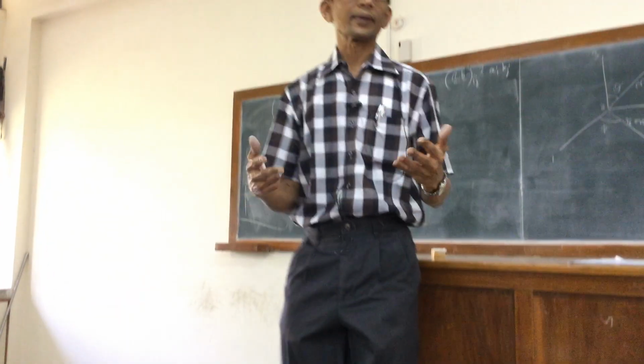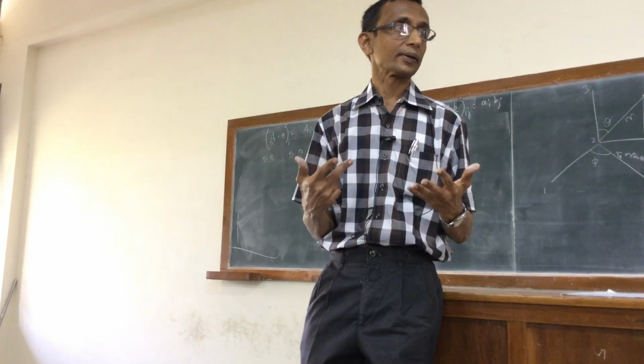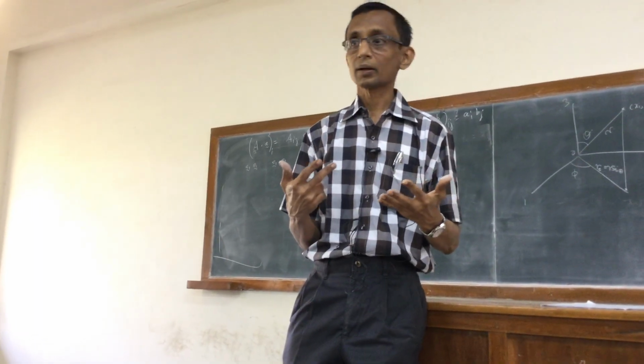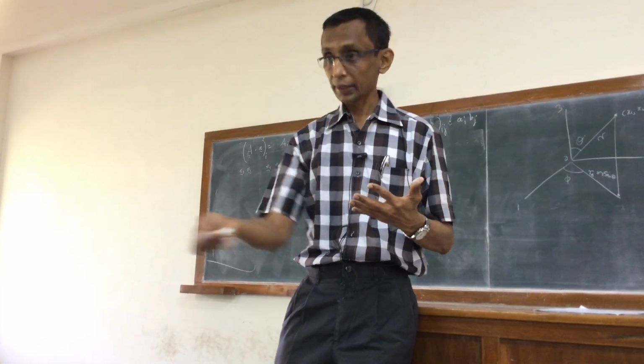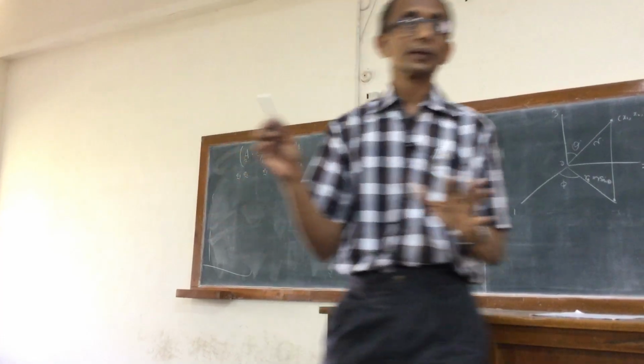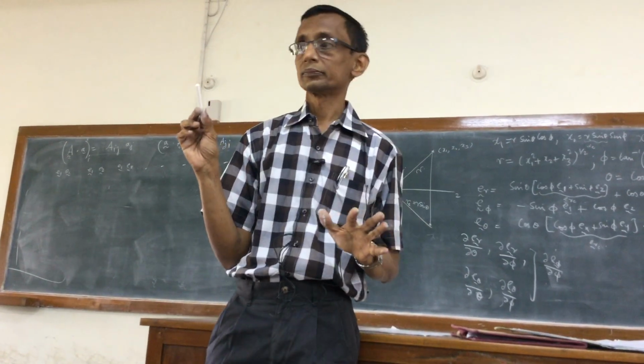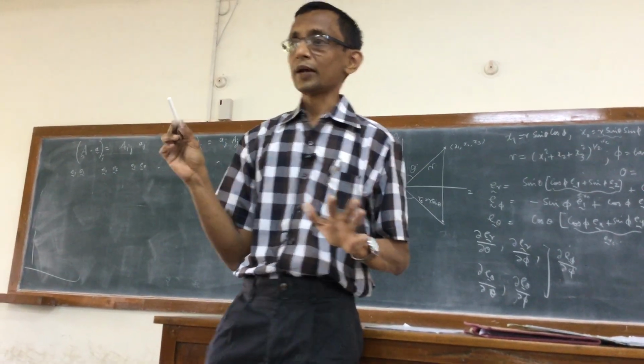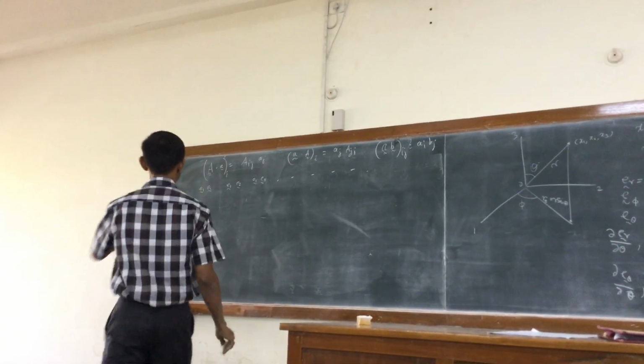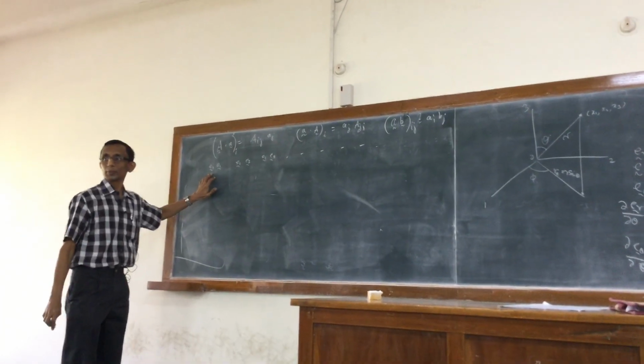What will it look like as a 3 by 3 matrix? It's not the identity matrix. There will be only one element which would be 1. All other elements would be 0.